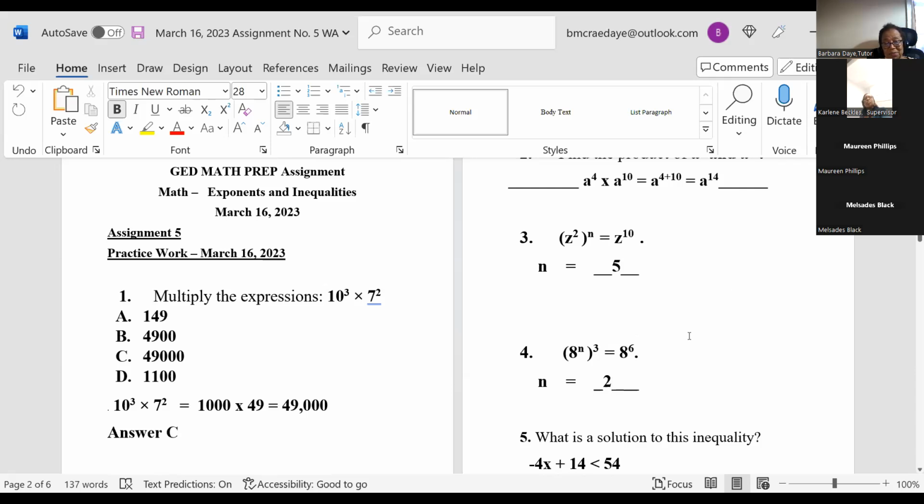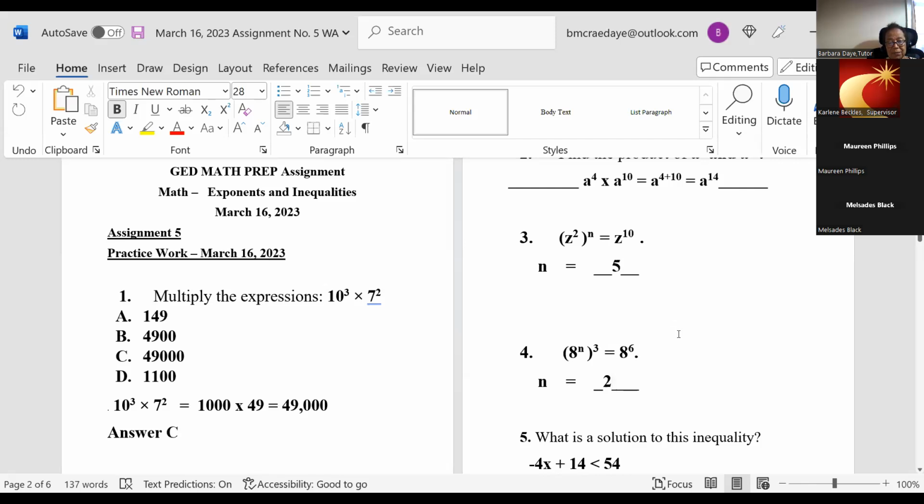Got it? So the same rule holds even if you have variables. If you know what total you got from multiplying, and you know one of your powers, you can find the other power. I gave you nice, easy numbers that multiply. I didn't give you any fractions, just nice whole numbers.